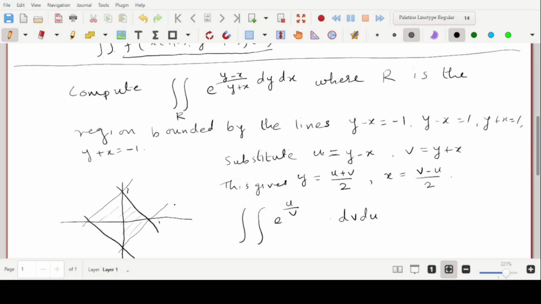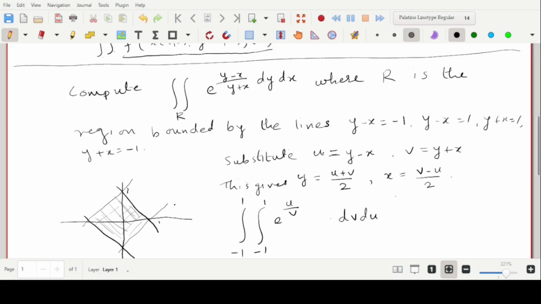That means v varies from -1 to +1. Similarly, u is y minus x, and this is the region between which y minus x varies. So u varies from -1 to +1. So we have also determined the limits of integration. All that remains to be determined now is the Jacobian.